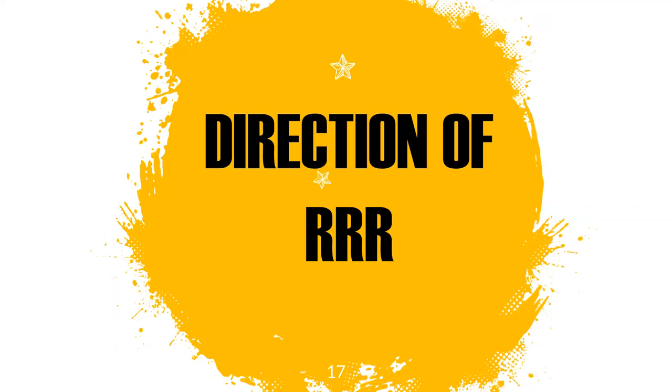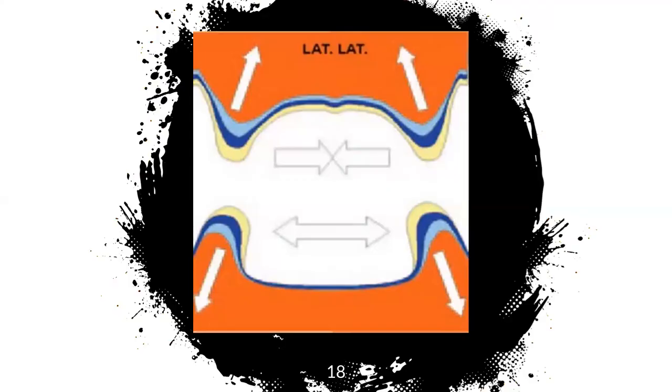Now let's take a look into the direction of residual ridge resorption. The maxillary ridge resorbs in an upward and inward direction to become progressively smaller because of the direction and the inclination of the roots of the teeth and the alveolar process.